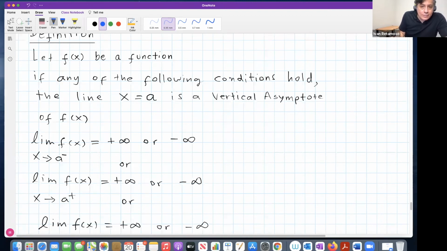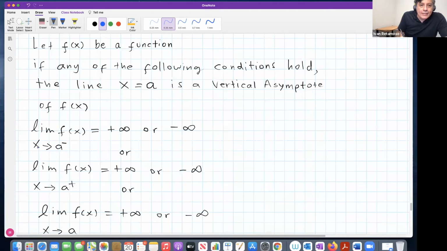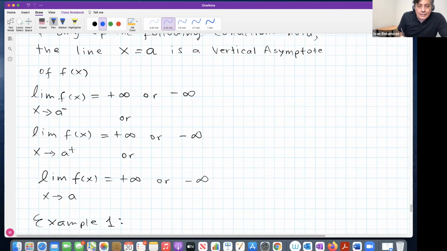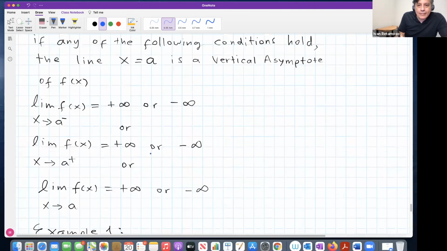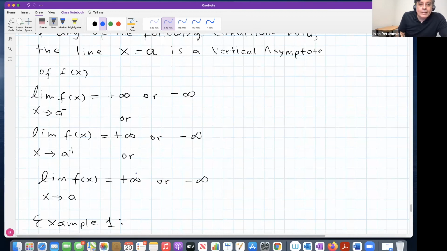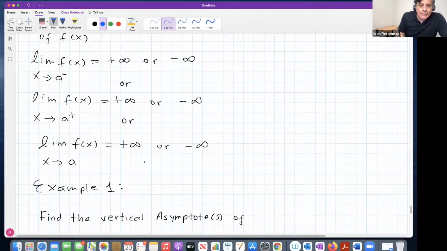Those conditions are these: the limit of f of x as x approaches a from the left is positive infinity or perhaps negative infinity; the limit as x approaches a from the right is positive infinity or perhaps negative infinity; or the limit of f of x as x approaches a simultaneously from the left and from the right equals positive infinity or negative infinity. If any of these conditions holds, then you got yourself a vertical asymptote.